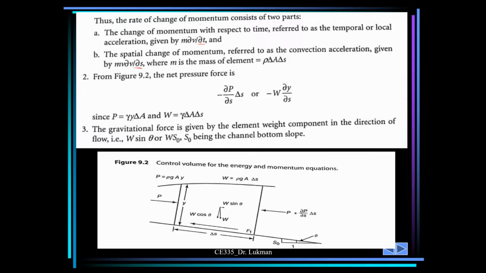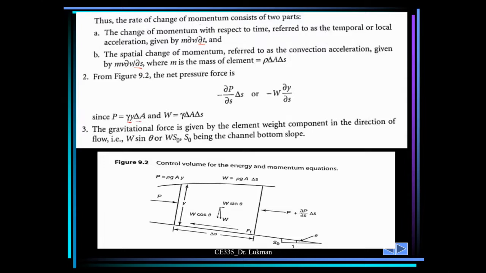And this simplifies into, since it's even here, the pressure force, we use the capital P to represent the pressure force and small p to represent the pressure itself. So don't be confused with the notation. So the capital P here is the pressure force, which is gamma y, gamma is the pressure, small p, times dA.